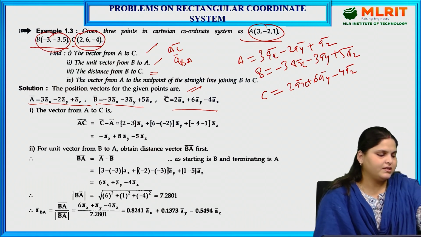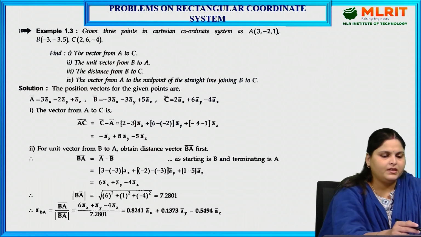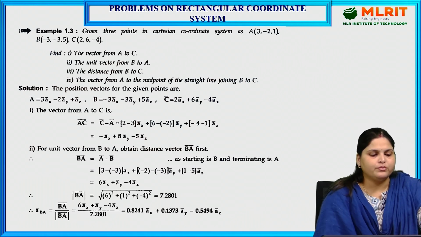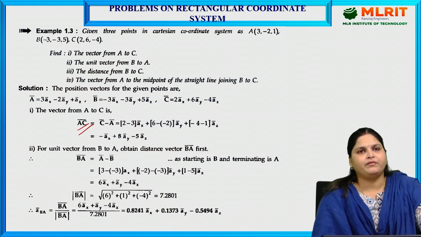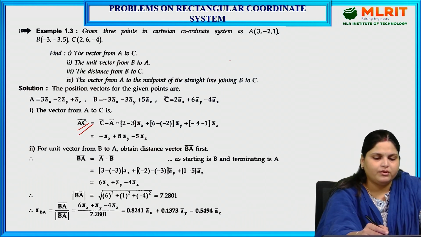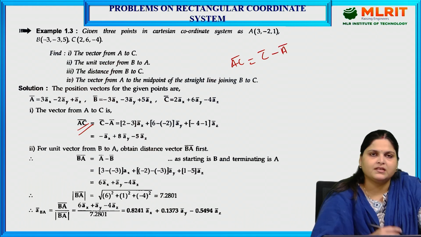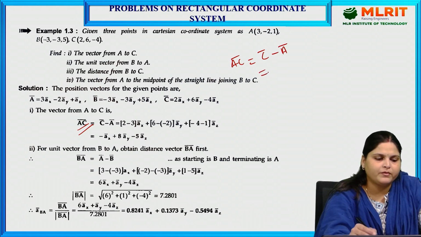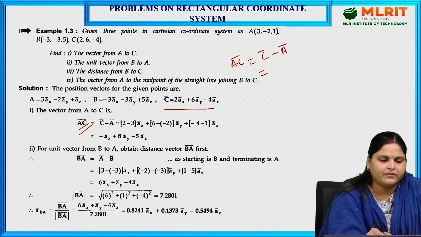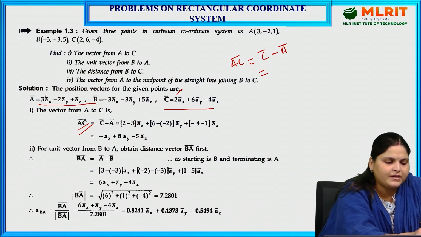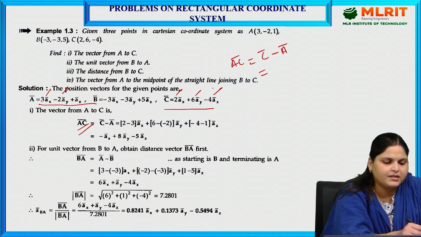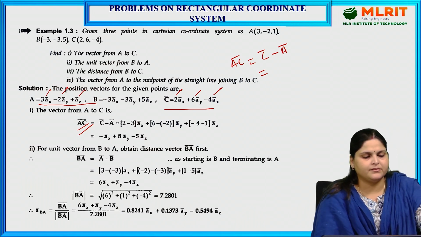So let us take the first one. We need to find the vector from A to C, which means we need to find vector AC. We already have discussed AC means we will write it as C minus A. This is the C equation and this is the A equation. So this minus this, this minus this and this minus this.